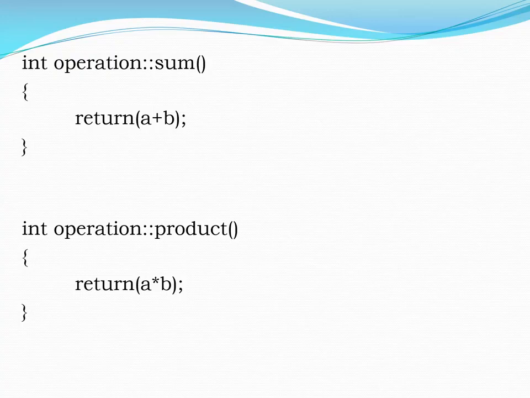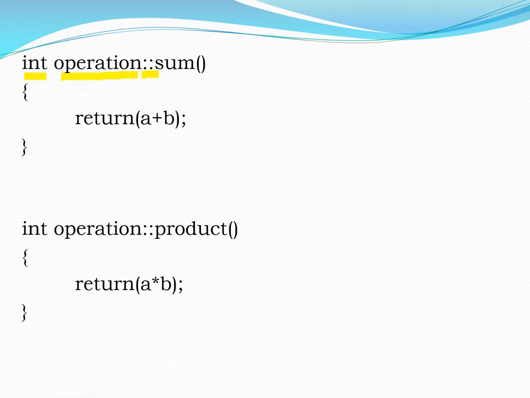Now I'm going to write how to define them outside the class. First I write the return type, int, then operation, which was created as the class name, followed by the scope resolution operator, which helps us define the function outside the class.